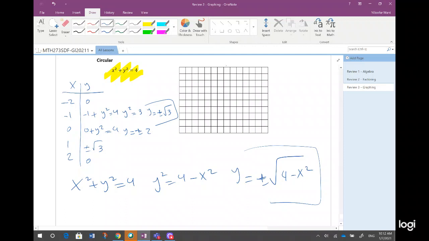So now you can graph it here. Look at this. For example, I can have 1 here and 2 here and -1 and -2.